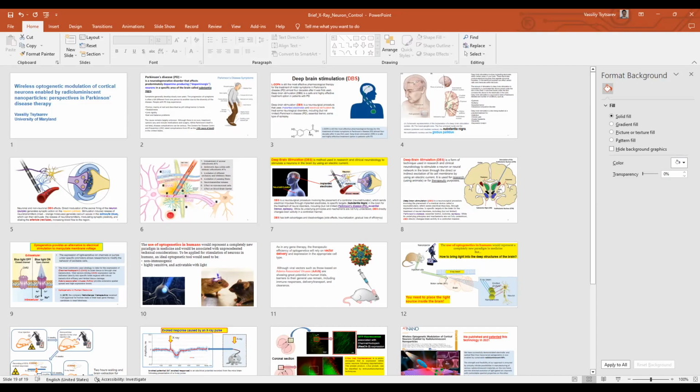In other cases, there was no reason still to apply optogenetics in human, because we cannot do it just for experiments, and there was no reason to apply it in human for the treatment.